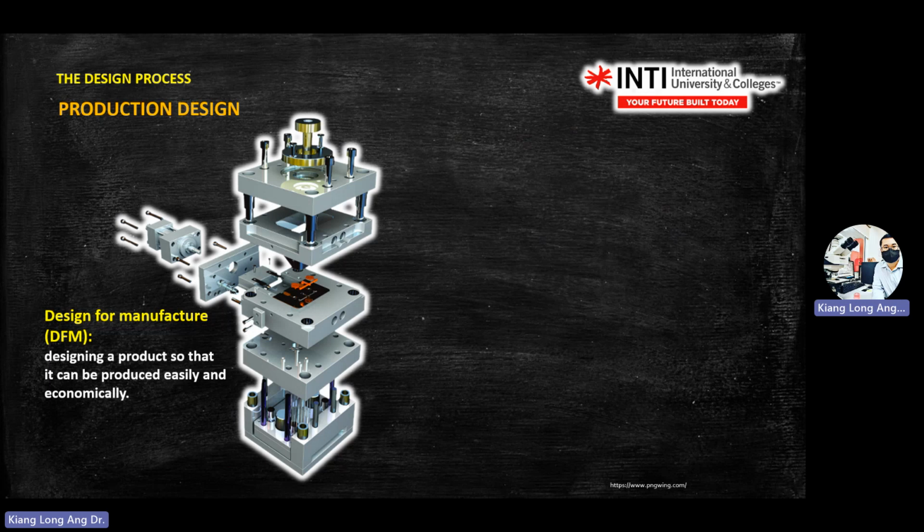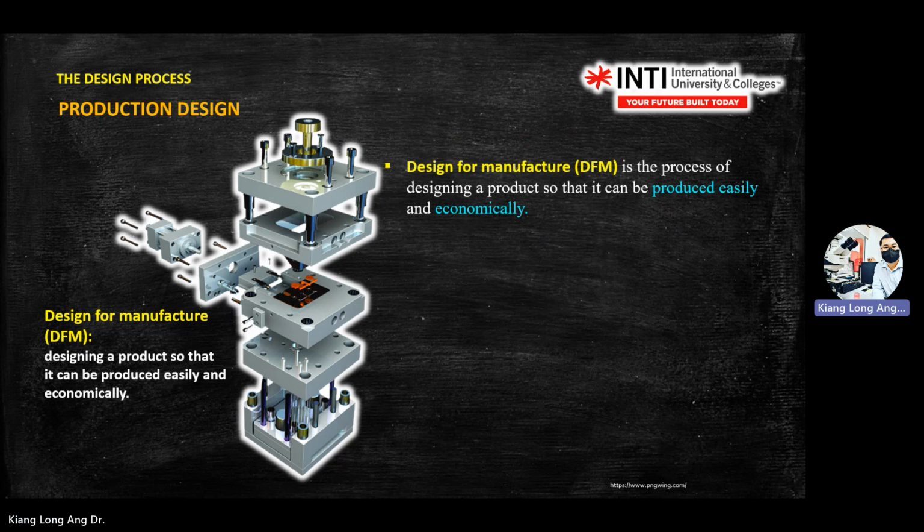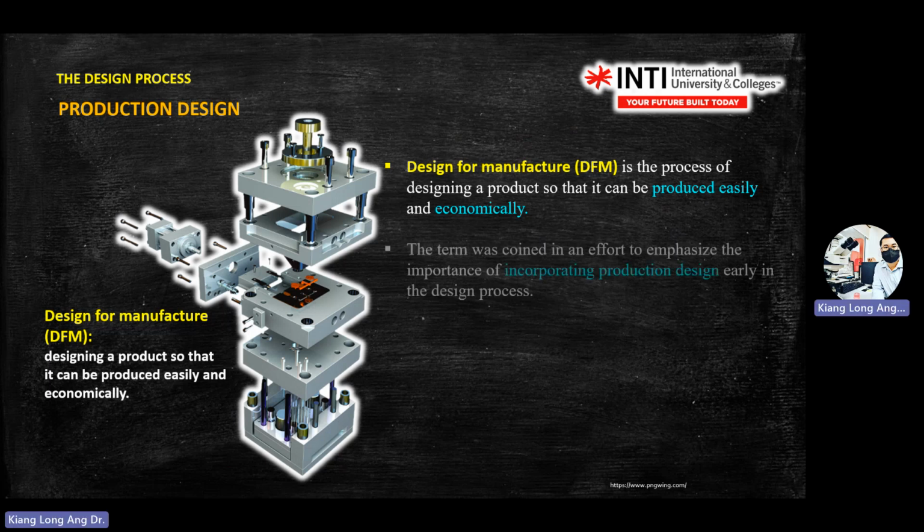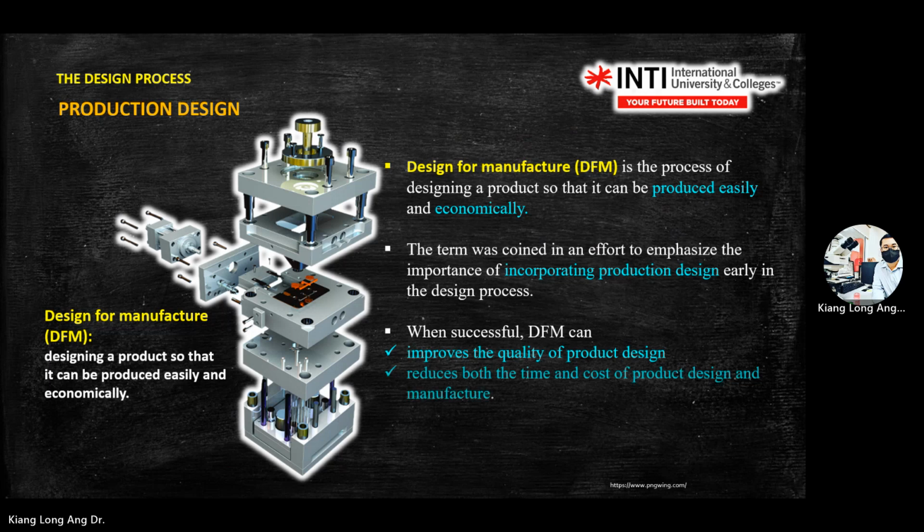If you want a certain shape, you just change the module. Just take this one out and change. So DFM, design for manufacture, is a process where you can produce very fast by changing one of the processes.